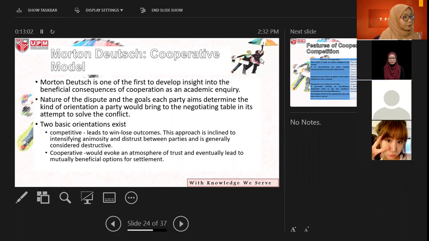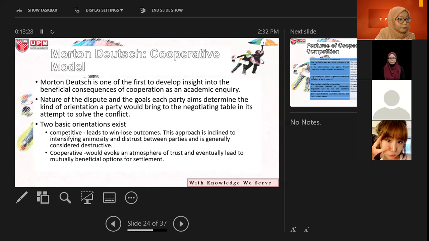Okay. It means that the goals of each party, the goals of each individual, will determine the kind of orientation. It can be competitive, it can be cooperative, it can be accommodating. Later on we will learn about the 5 styles of conflict handling strategy. There are 5 styles.